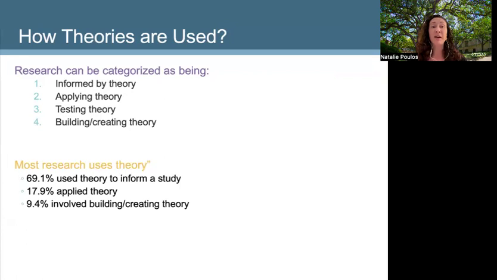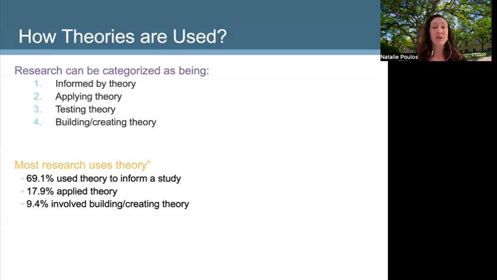Another could be applying the theory: taking the model as it is and testing those different relationships through variables that you're interested in within a single population. You might also just be interested in testing the theory. So does this theory work and make sense and explain behavior in your target population? Or you might be taking theory components from multiple theories, combining them and creating a new theory that helps explain a behavior within your population of interest better than anything else does currently.